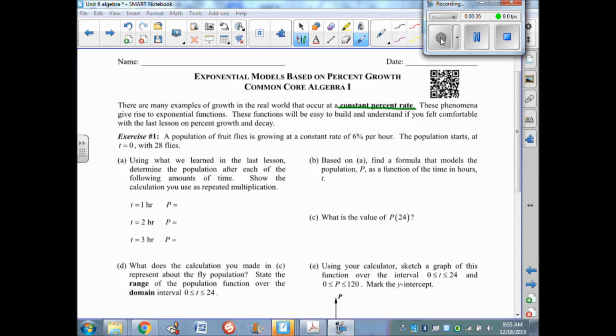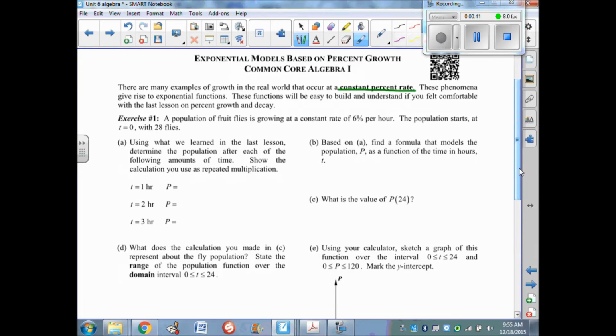So let's take a look at this first example, which I should have thought of because during the summer and the fall, when you've got a lot of fruit in your house, you probably see a lot of fruit flies. So it says a population of fruit flies is growing at a constant rate of 6% per hour.